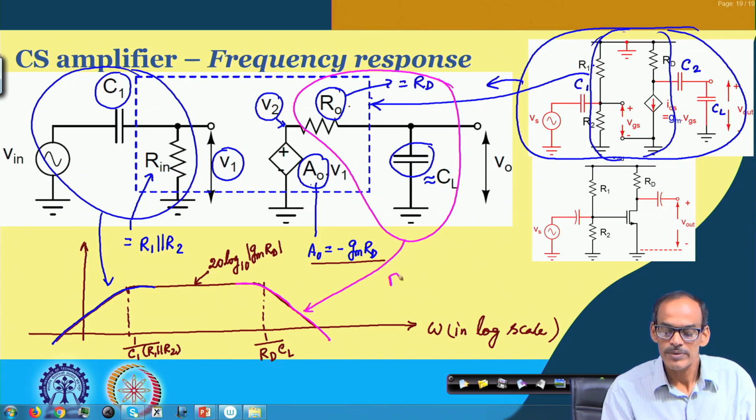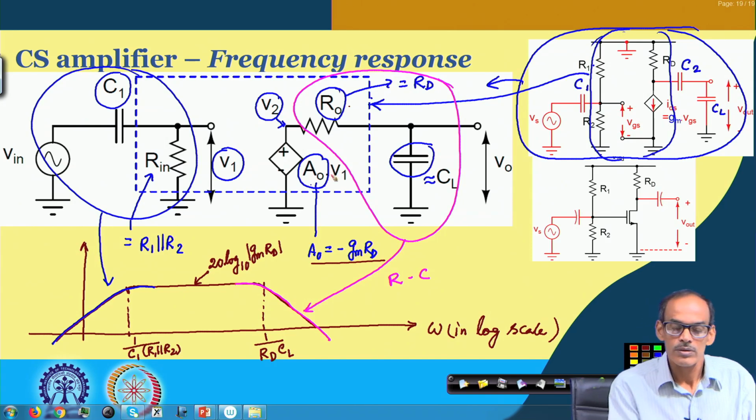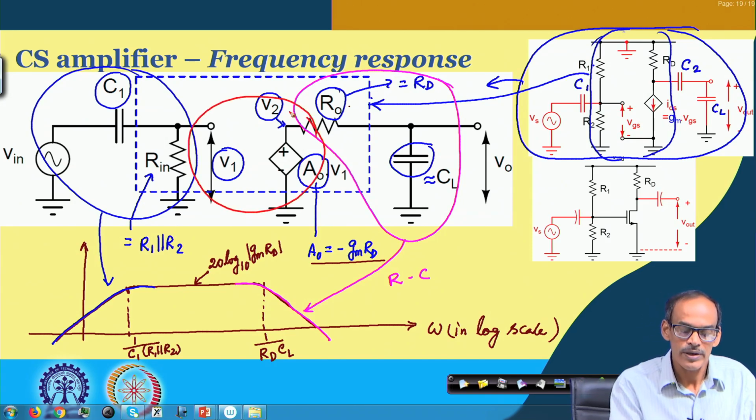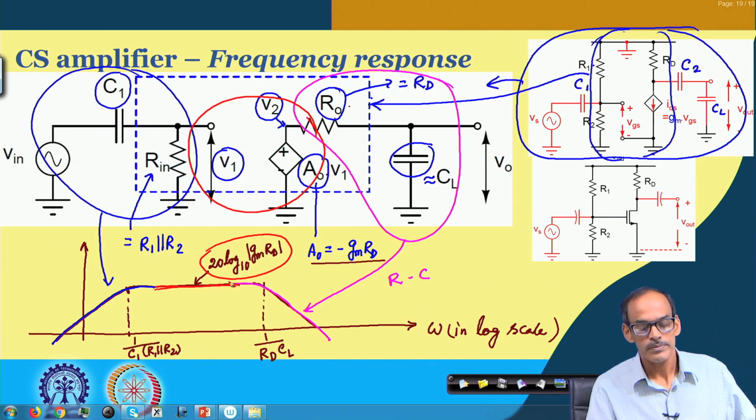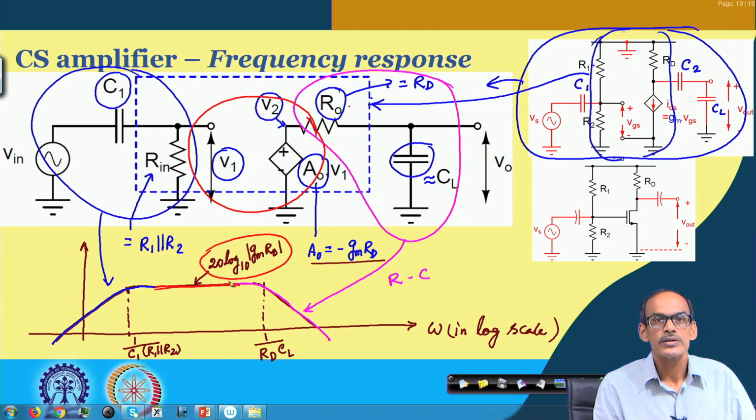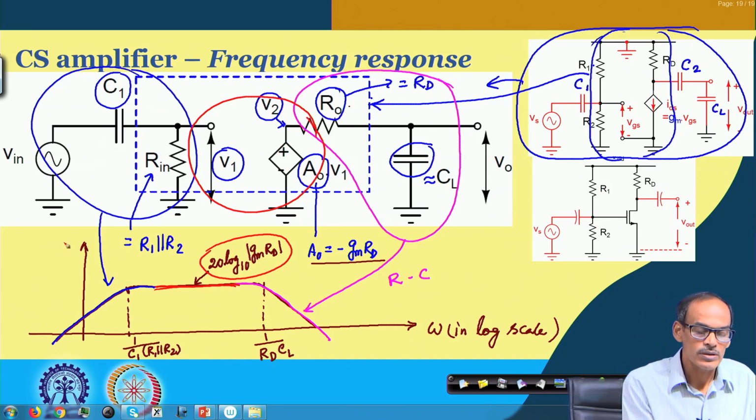So, this is the RC part, and the middle portion comes from the amplifier. So, that is how we get the frequency response of the amplifier. Now, if you are asked to plot the phase also, this is gain or magnitude, sometimes also referred to as amplitude.